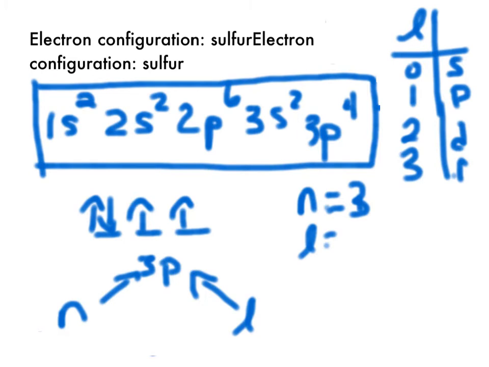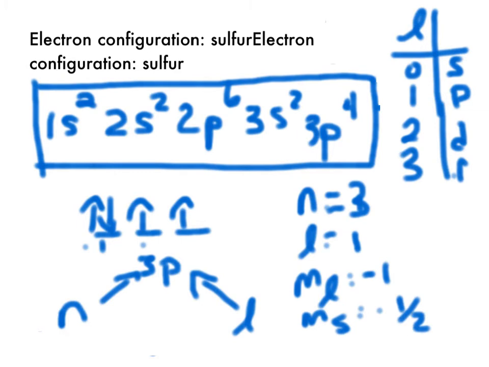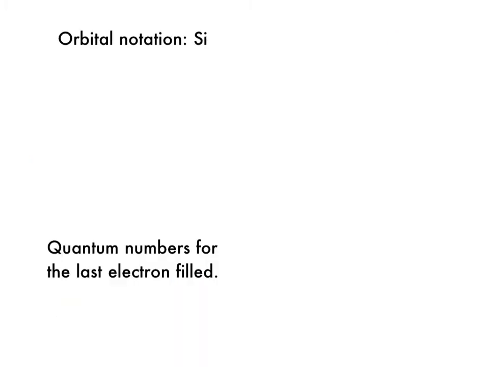That's going to be our L. M sub L would be 0 if we were in the middle one, so this one over to the side is -1. And then M sub S, it's the down arrow, so it's -1/2. So that's how you do the quantum numbers on an electron configuration if you don't already have it in orbital notation. Brings us to orbital notation for silicon.